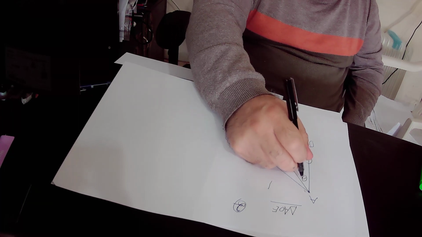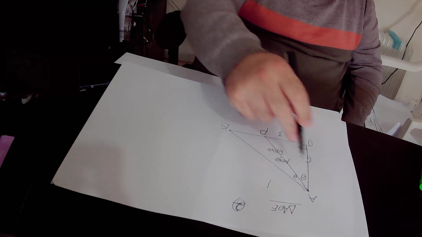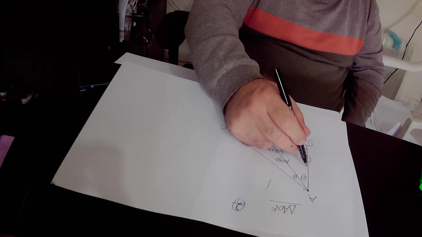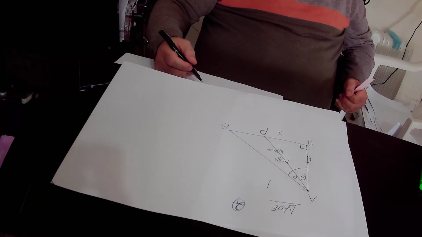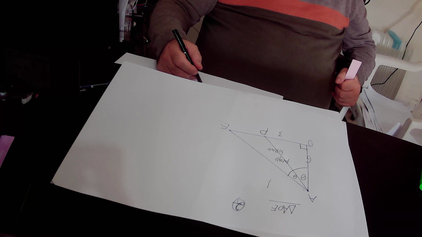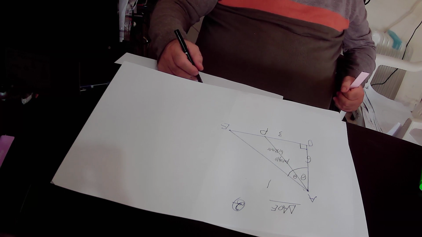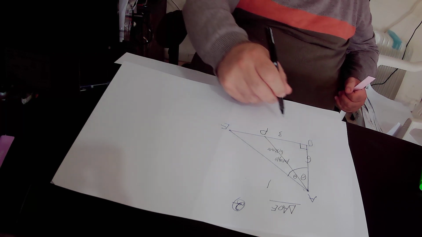Why is it an angle bisector? Because it bisects angle OAE into two halves. Each half equals theta. And according to the angle bisector theorem, the ratio between the legs of the angle that has been bisected into two halves is AO over AE.